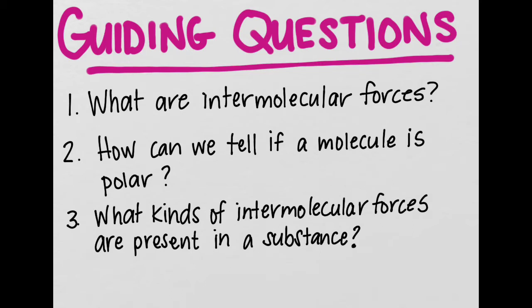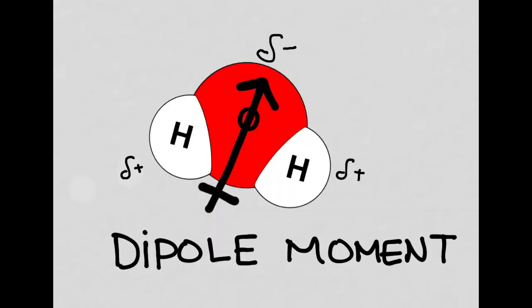Remember that just because a molecule has polar bonds doesn't mean that the entire molecule is polar. To have a polar molecule, regardless of what the bonds look like, the molecule has to have what's called a dipole moment. The dipole moment happens when all of the charges of the various bonds go in the same direction.